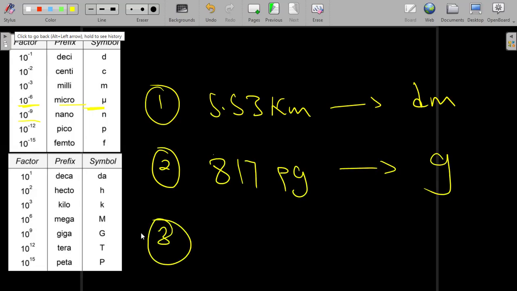And then number 3, 2.74 megameters, let's convert it to kilometers.